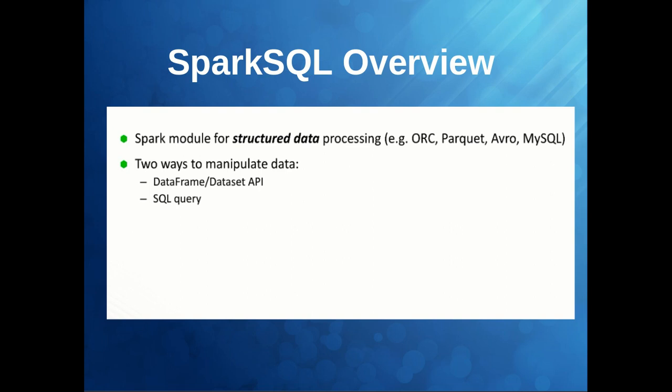Either we use the data frame or dataset API, meaning we can convert the unstructured data to a data frame or dataset, write the query and apply map functions and constructors to apply the logic to get our desired output. Or we can directly run a SQL query on the data frame and dataset using SQL syntax. So these are the two ways we can do it.